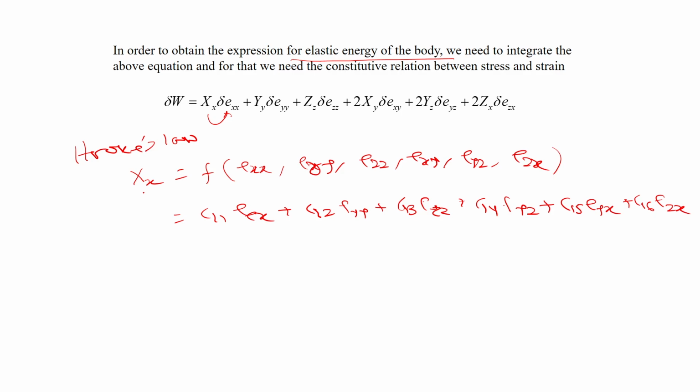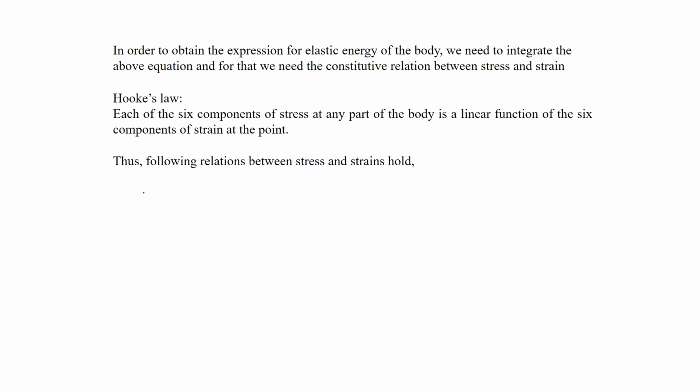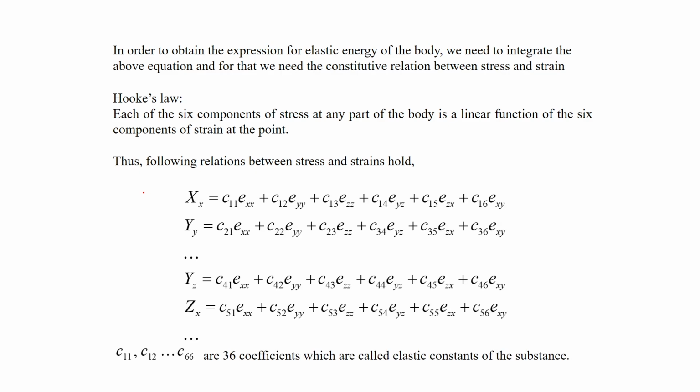Like that, all the components of the stress can be represented linearly. And similarly we can get for σyy: C21 εxx plus C22 εyy plus C23 εzz, C24 εyz, C25 εzx plus C26 εxy, and we can also get σyz and σzx.